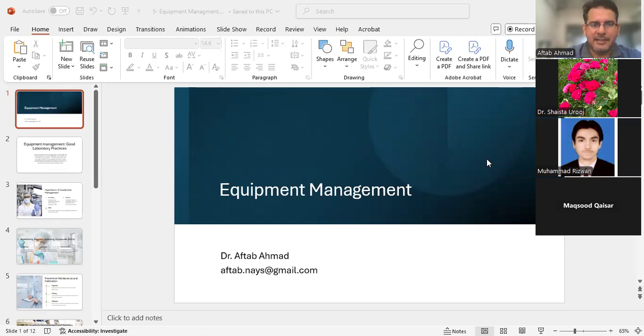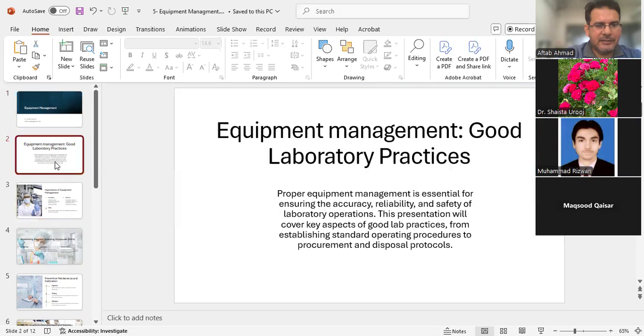So for all these things, there should be proper SOPs that we have to follow for our equipment as well, just like we have discussed for the rest of the things, including biosafety and other aspects related to the laboratory. So today we are going to discuss equipment management, and as I mentioned, this is equally important, that we should manage our equipment in a proper way.